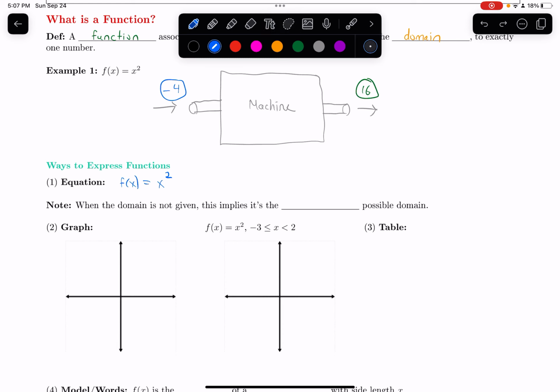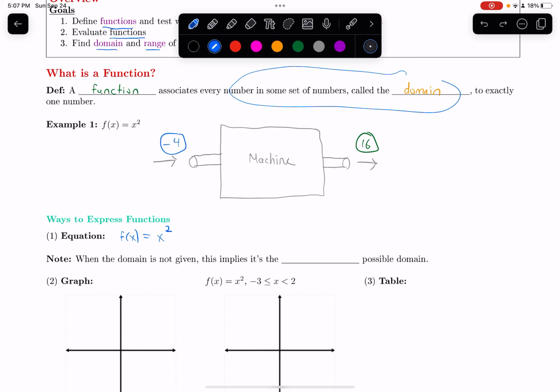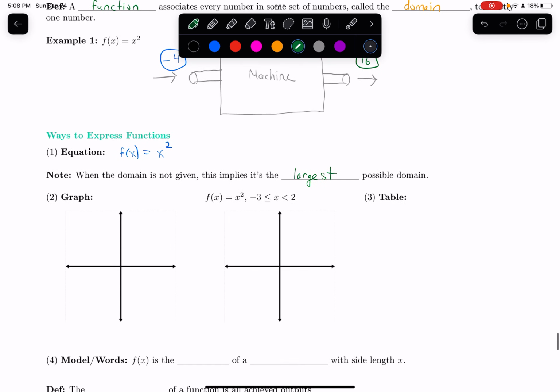So I talked about domain here being all the things you can plug in. When the domain of a function is not given, this implies that it's the largest possible domain. Okay, so as an example, let's look at the graph of the function, and that happens to be another way we can express the function using graphs. So I can write this formula also as y equals x squared.